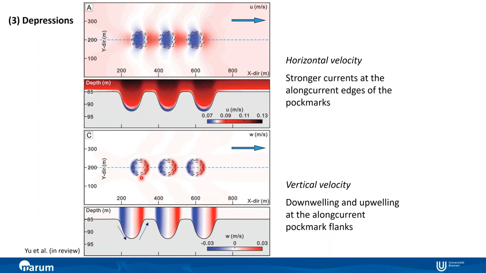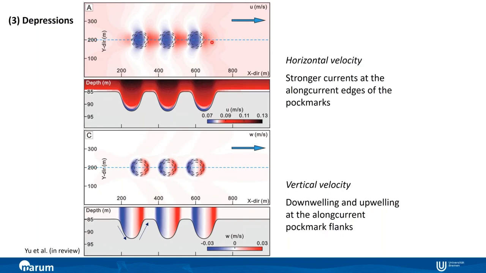You can see that inside the pockmarks we have the weakest bottom currents, while the highest bottom currents are located in between the pockmarks, aligned with the pockmarks, and particularly on the flank located downstream of the pockmark. Here we also have some higher velocities, but behind the pockmark it is even higher. And you can see the same in the last one.